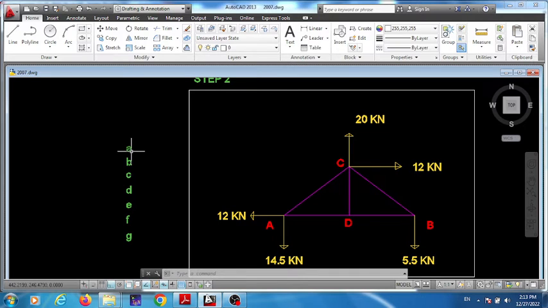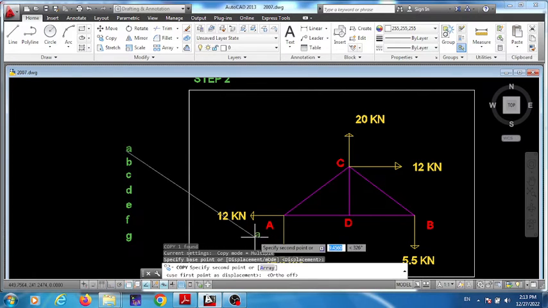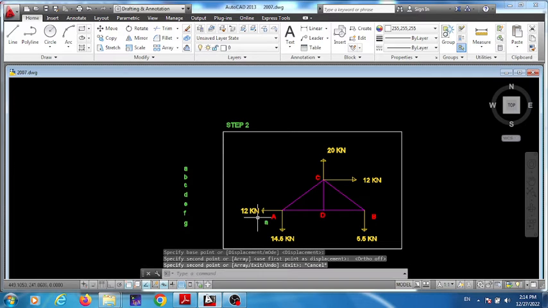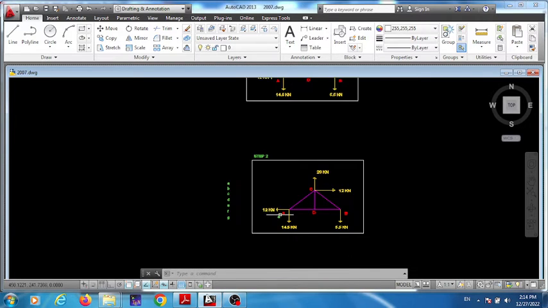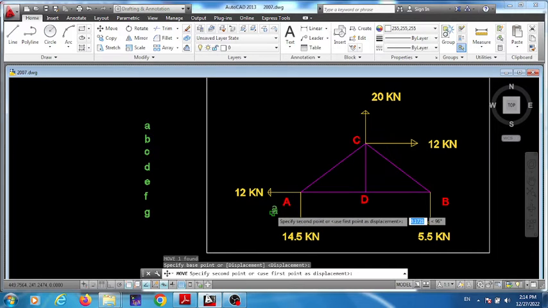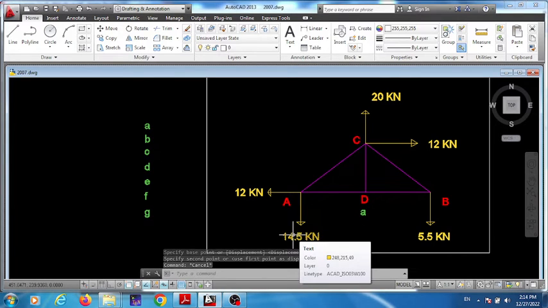For example, I will copy this letter and put it between 14.5 kilonewton and 12 kilonewton load, so that in that space I have shown this as A, right? Or you can start from anywhere also. You can put this in between 5.5 and 14.5 also. So it is your choice basically.